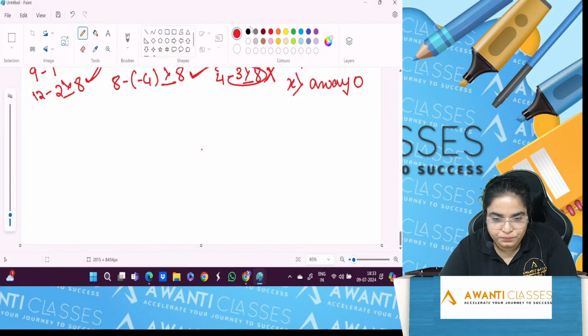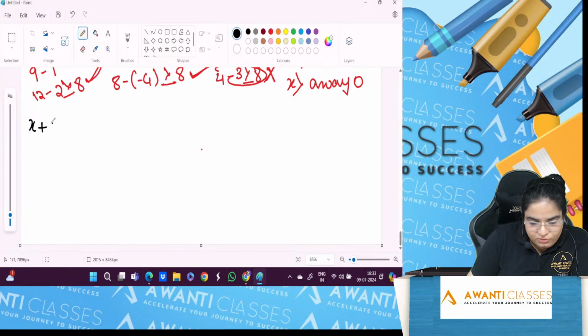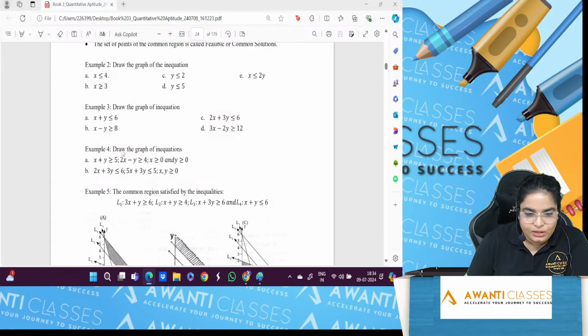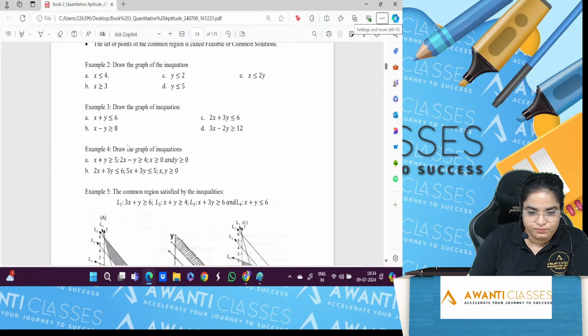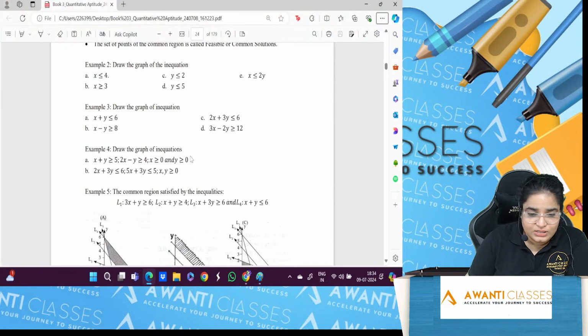X plus y is greater than or equal to 5, and 2x minus y is greater than equal to 4. In both of them, x is greater than equal to 0 and y is also greater than equal to 0.